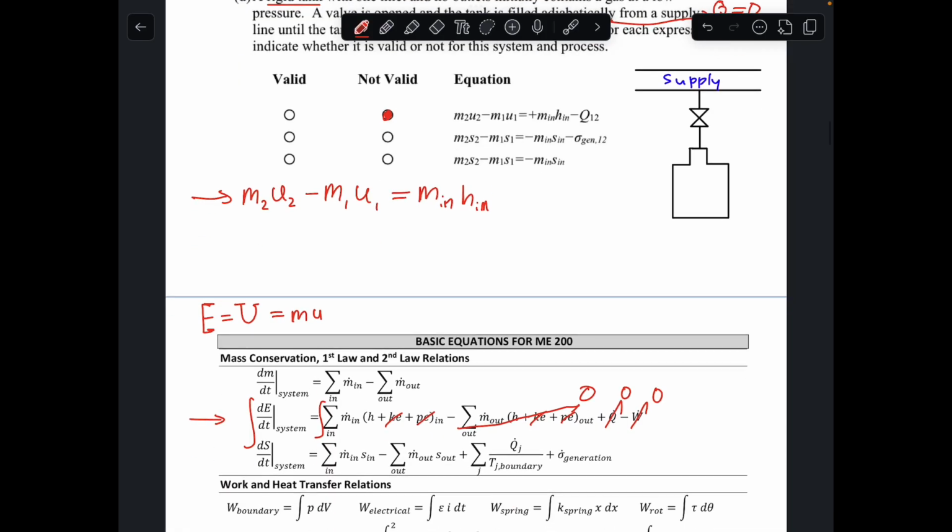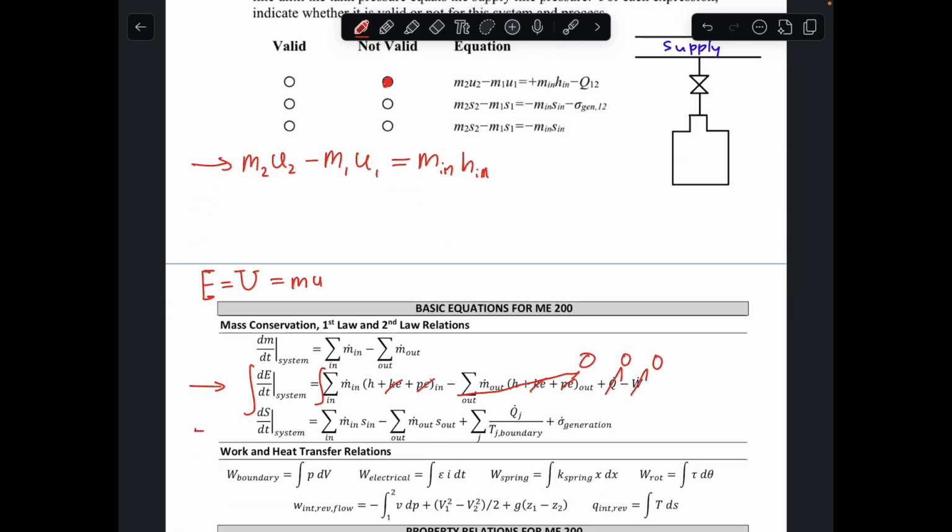And now we can look at our second law entropy balance, which is right here. Again, simplifying in a similar manner, we don't have any outlets, so this term goes to 0. And again, this is adiabatic, so this heat transfer term is also going to go to 0. And this is the version that we get. Again, we can just integrate all of the terms here.